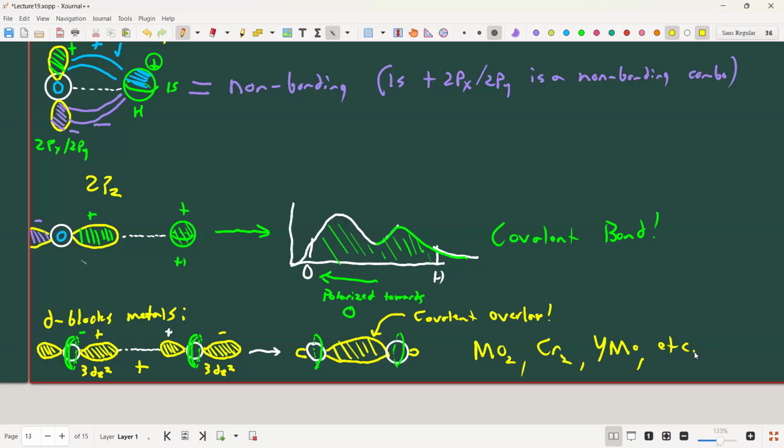Because those orbitals don't have nodes. They have an s-like shape, a nodeless s-like shape. And so they can interact very, very effectively together with very little cancellation or destructive interference. You get very nice overlap between the atoms. That's why you see these strong bonds in situations that might seem odd to you.